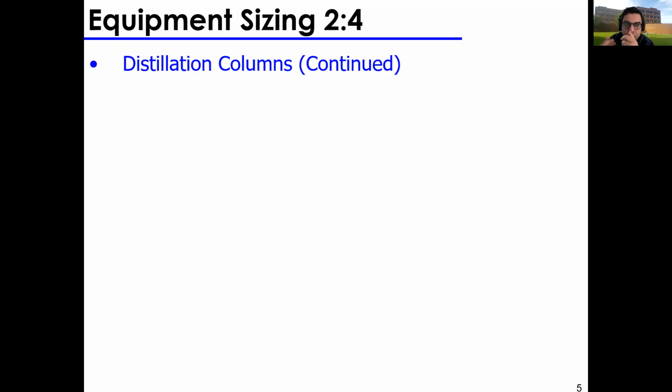Now you have the diameter and the height, so you calculate the volume of this vessel as a cylinder. Once you have the volume of the cylinder, this is all you need to get the cost, which we're going to talk about in a bit. Just look it up in a chart. This is how simple initial costing of a plant is. You just need to be organized.